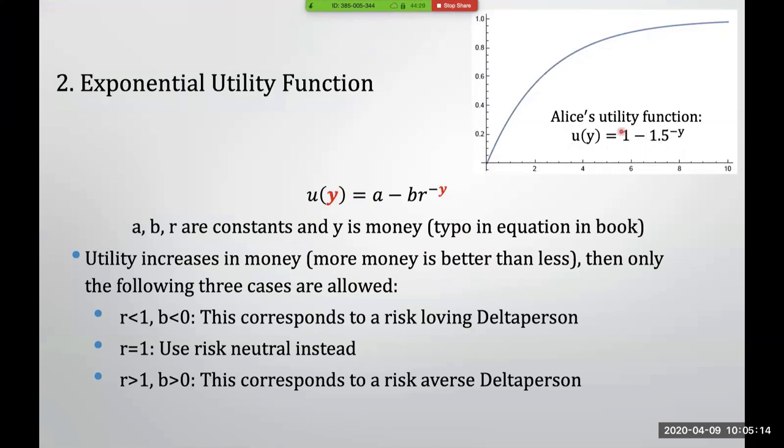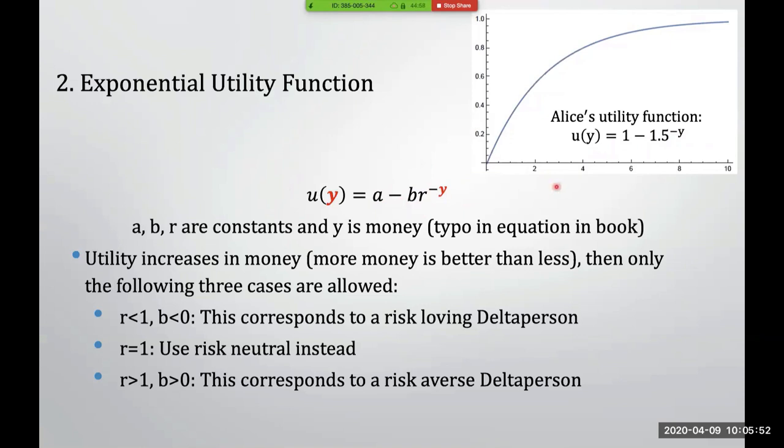If you compare this example with the general form of the exponential utility function, then a would be equal to 1, which is over here. b is also equal to 1, since you are using 1 to multiply this term; we don't write 1 times 1.5 over here. And then r is equal to 1.5, raised to the negative of y.